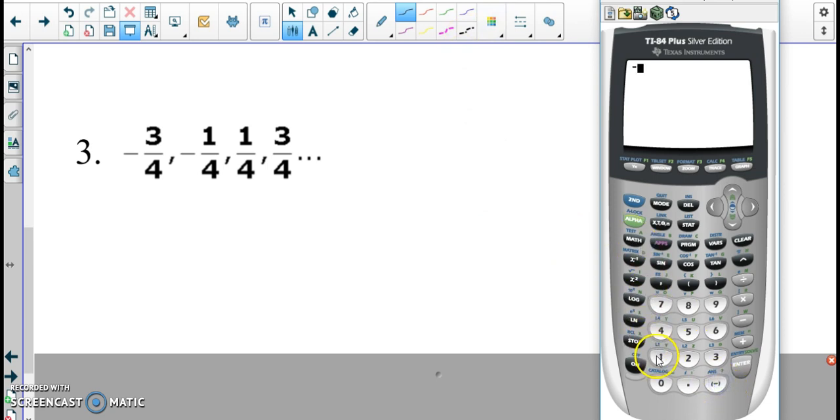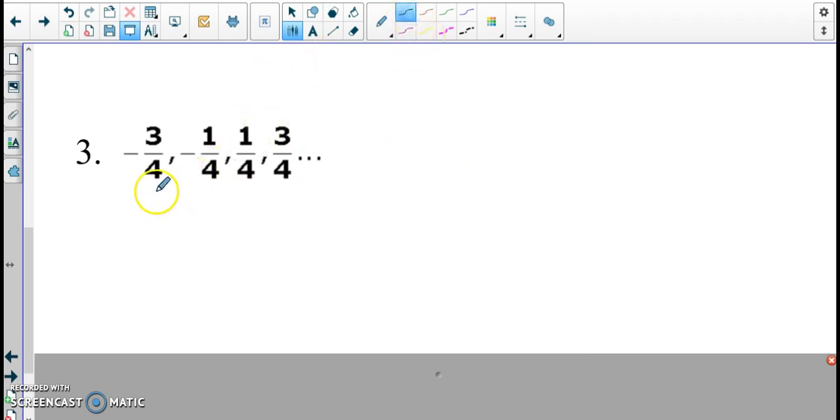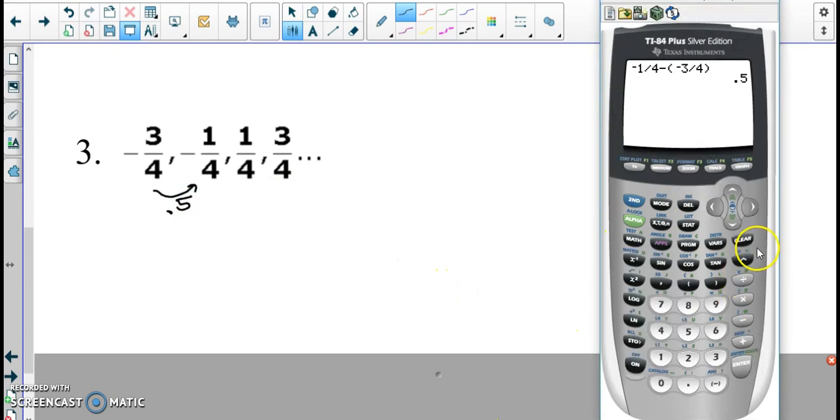So I'm going to take -1/4, as a fraction, minus -3/4. That's 0.5, so that one actually increased by 0.5. And now you take the third term and subtract the second term. So I take 1/4 minus -1/4, and that's 0.5.